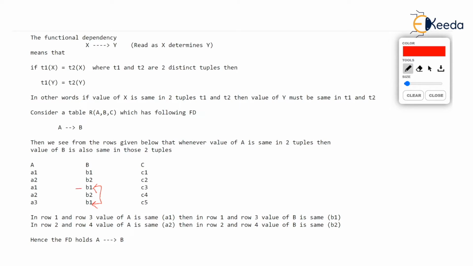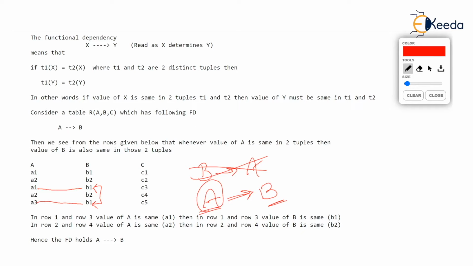But note the corresponding value of A in those two rows, that's unequal, isn't it? Well, that's because B is not determining A, A is determining B, isn't it? So if some FD is given like this, you have to first see the rows in which A has the same value and then check whether in those rows B has the same values or not. Only then does that FD hold.